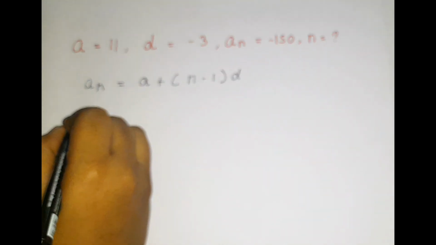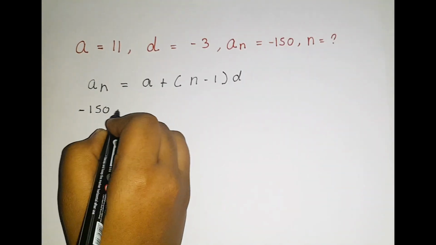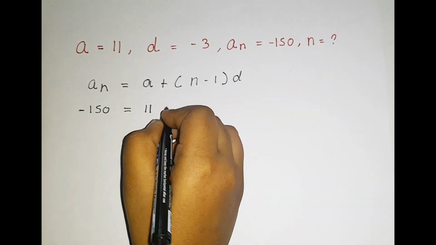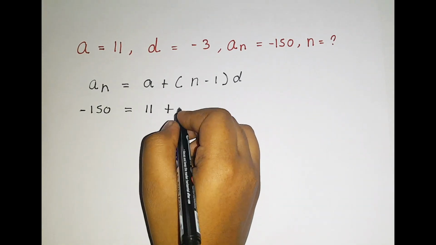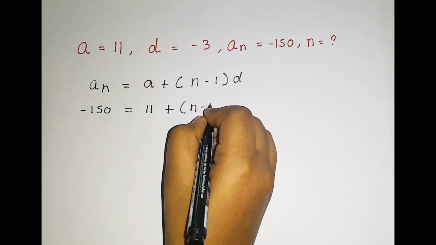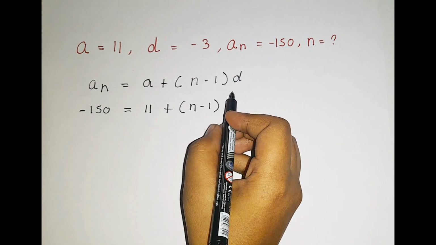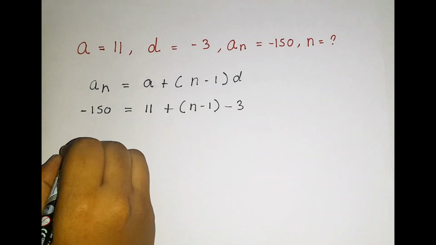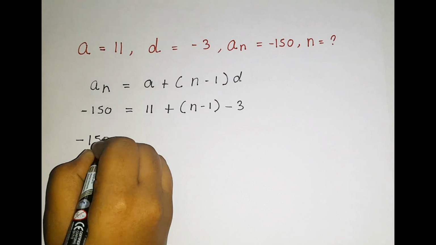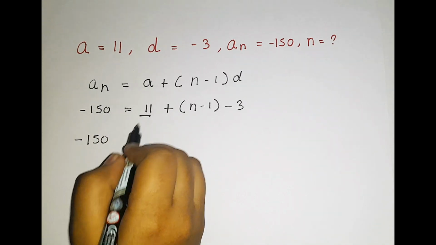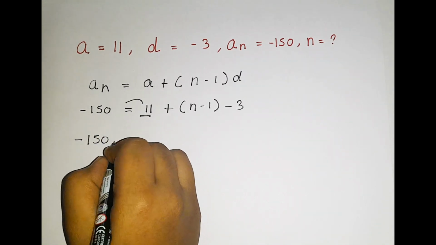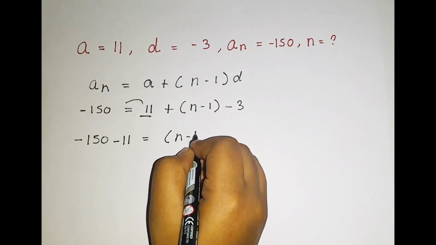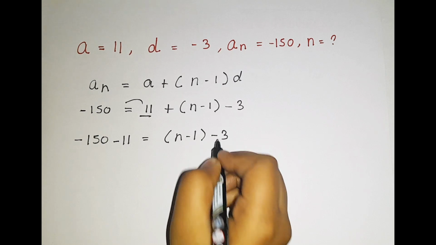I took it as minus 150, so minus 150 is equal to A, which is 11, plus, we don't know n, so we write it as it is, n minus 1, and D is minus 3. Now let us write minus 150 as it is. Here we have plus 11. When I take it to this side, it changes into minus 11, equal to n minus 1 times minus 3.